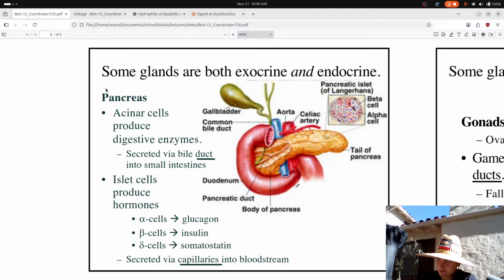Pancreas secretes digestive enzymes into small intestine via bile duct, and insulin, glucagon via capillaries. Okay, good.